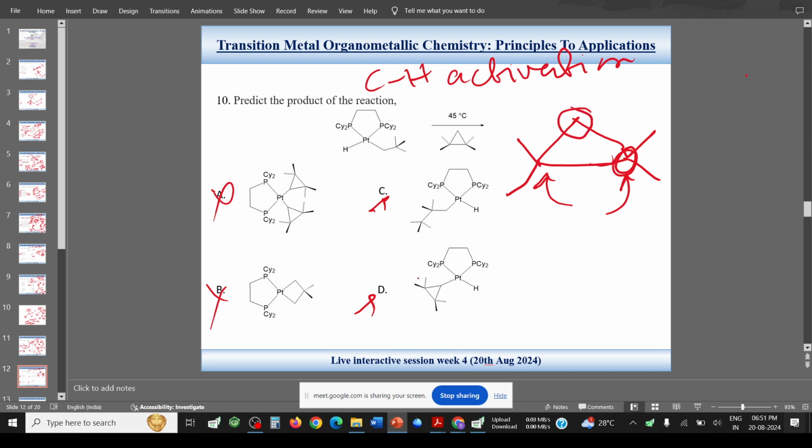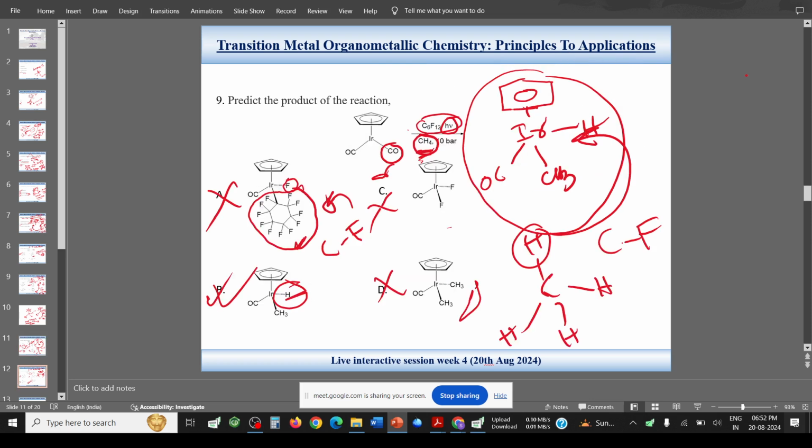The CH2 hydrogen is easier to activate than the CH3 over here. One hydrogen will go to the metal to form the hydride complex, and this carbon will form the bond to the metal to give option D. This is a tertiary butyl group, a very bulky group attached to the metal, which will eventually leave. So option D will be the correct answer.